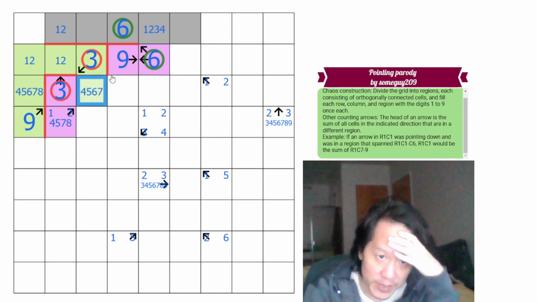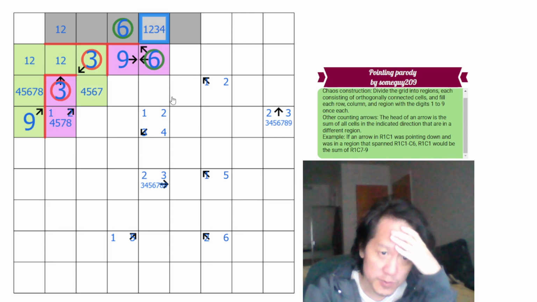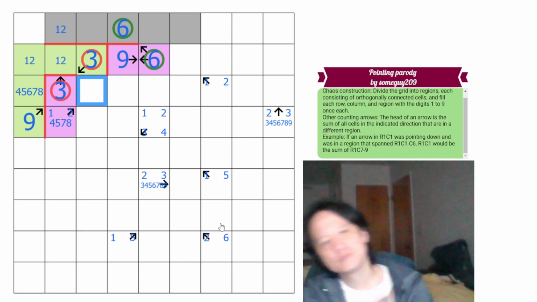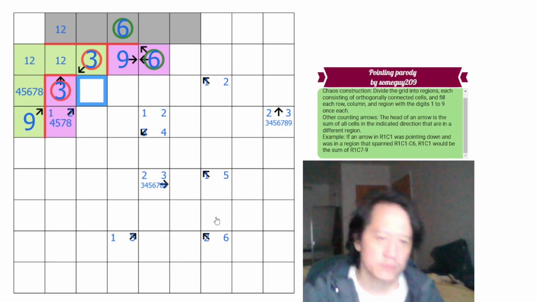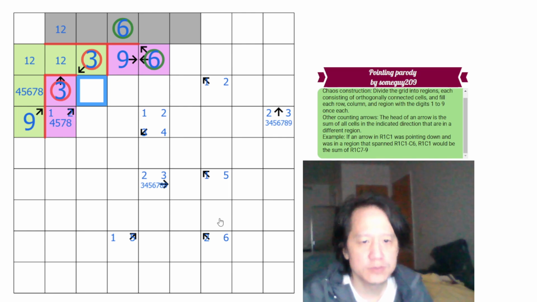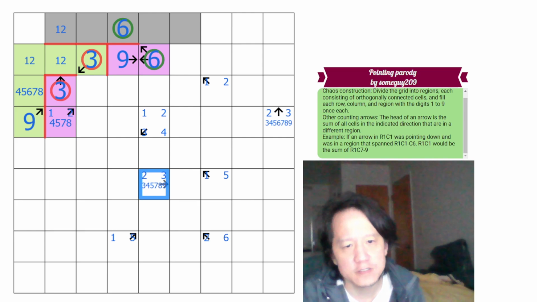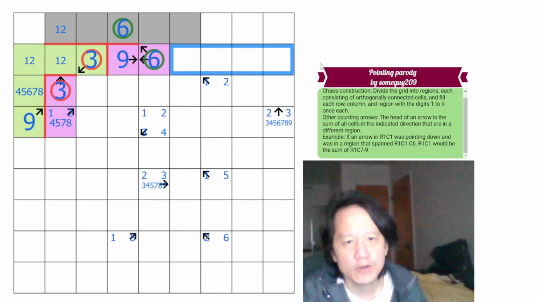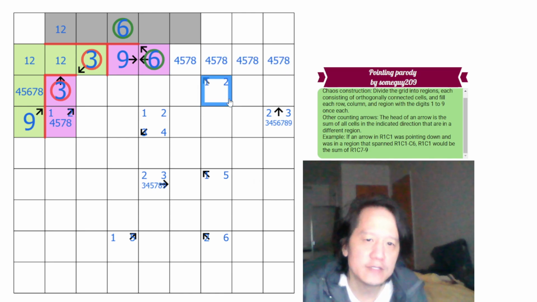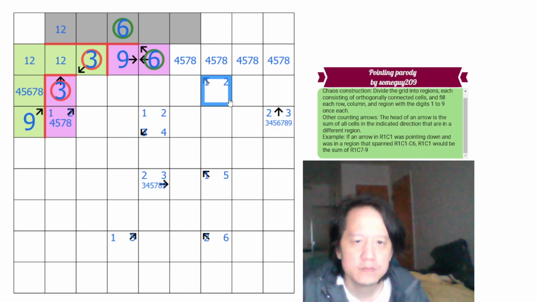Because this is at minimum 4, this is 4. This seems possible. So this can't be 6. We know the rest of this is 4, 5, 7, 8. Oh, that's interesting.